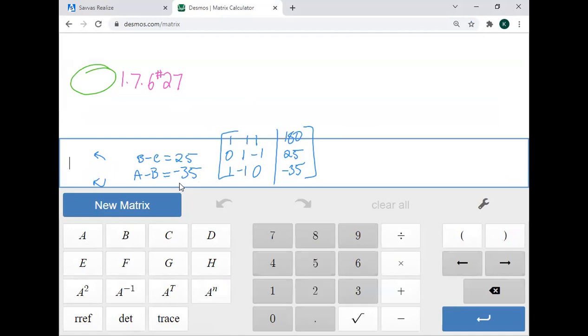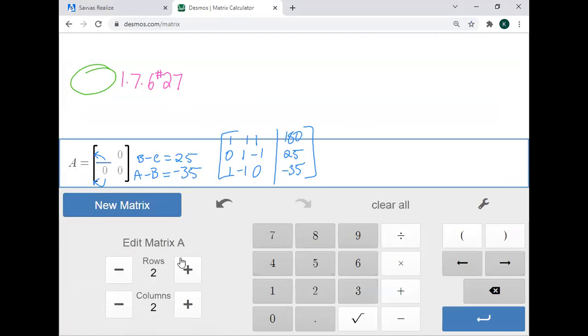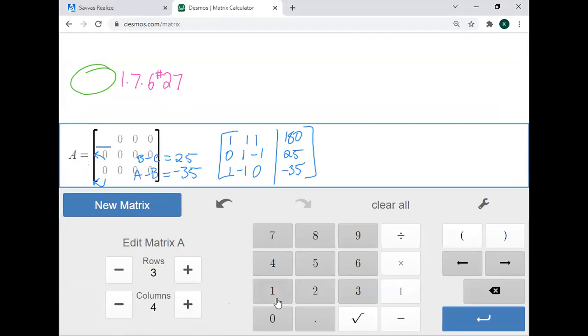All right, we want a new matrix. This one's going to be 3 rows and 4 columns, and type in our matrix: 1, 1, 1, 180, and then 0, 1, negative 1, 25, and then 1, negative 1, 0, and negative 35.